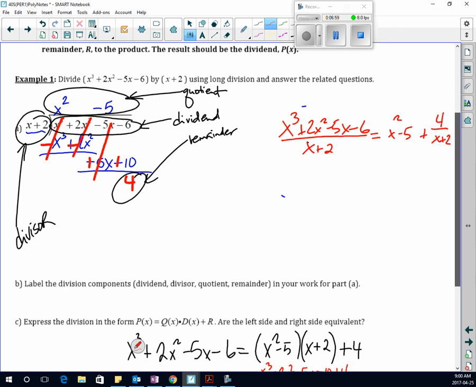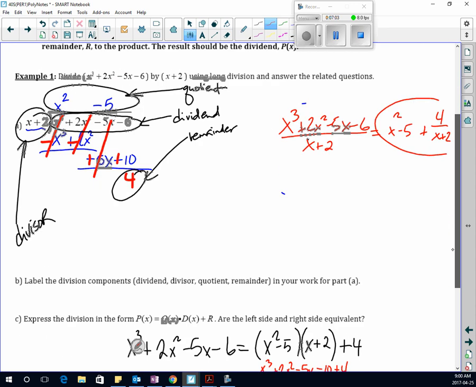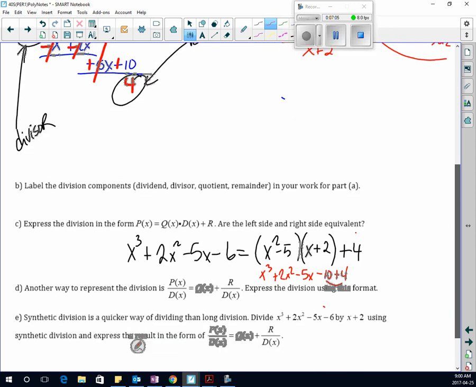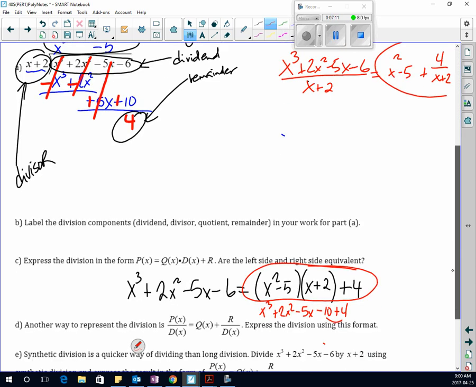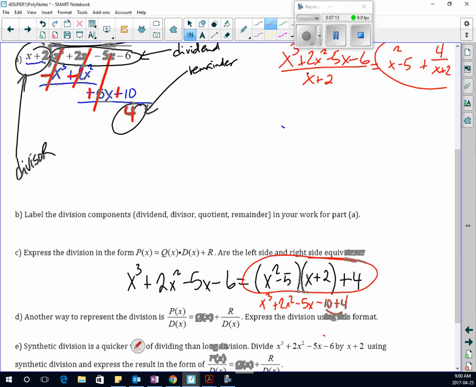So I can write my answer like that, or I can write my answer like this. Either way is an acceptable answer, unless the question tells you another way to write it.